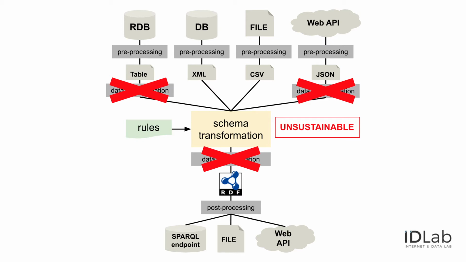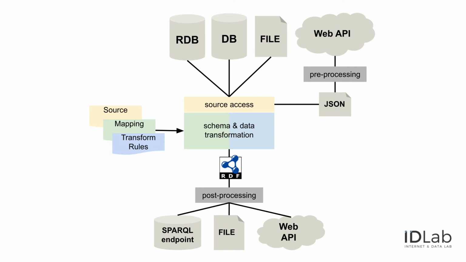To overcome this, another set of rules were added, namely transform rules and source access descriptions. These source access descriptions allow you to directly access several data sources during the transformation, as a source access describes the several properties you need to access it.